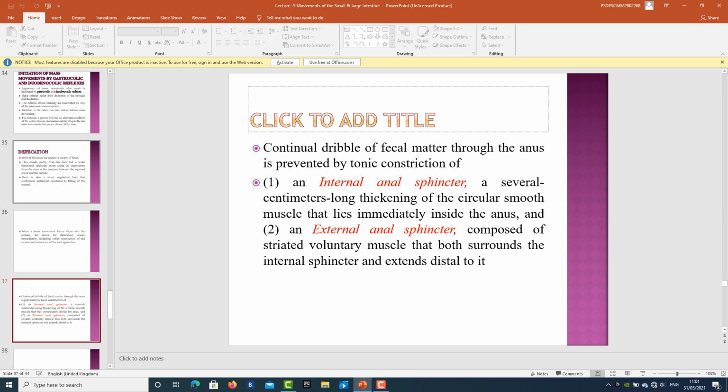Continual dribble of fecal matter through the anus is prevented by tonic contraction of the internal anal sphincter and external anal sphincter. The internal anal sphincter is a several centimeters long thickening of the circular smooth muscle lying immediately inside the anus, and the external anal sphincter is composed of striated muscle which both surrounds the internal sphincter and extends distal to it.